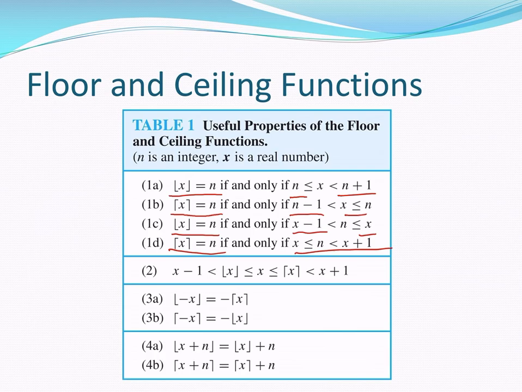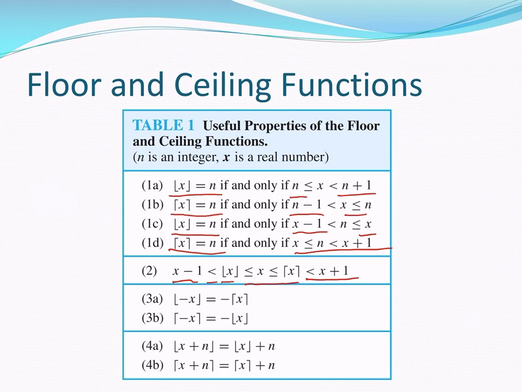Notably, x minus 1 is strictly less than the floor function, which is less than or equal to x, which is less than or equal to the ceiling function, which is strictly less than x plus 1. Note that the floor function of the negative is equal to the negative of the ceiling function. And the ceiling function of the negative is equal to the negative of the floor function.